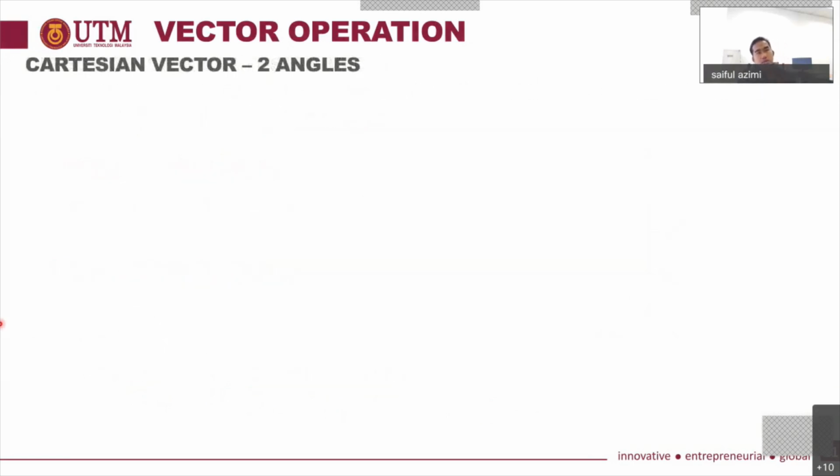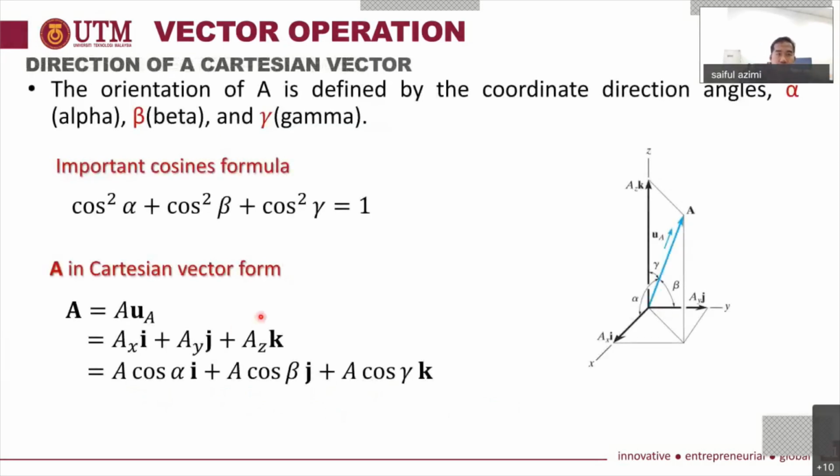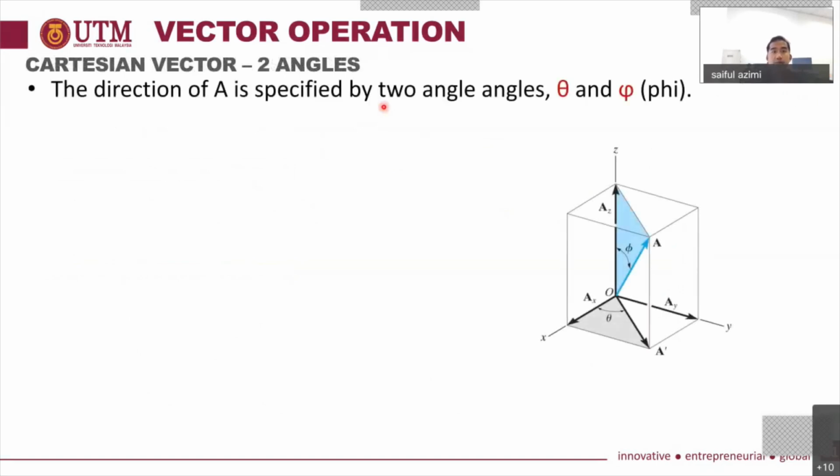Next, Cartesian vector to angle. Previously we learned that we can represent the direction of your Cartesian vector by using alpha from the x-axis, beta from the y-axis, and gamma from the z-axis. But we can also represent the angle by using theta and phi.